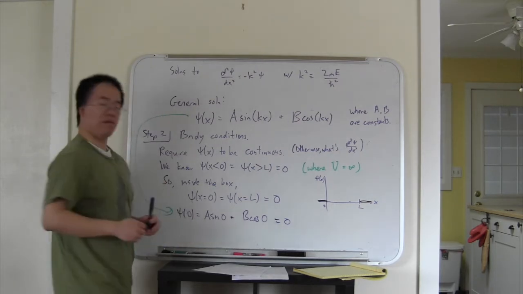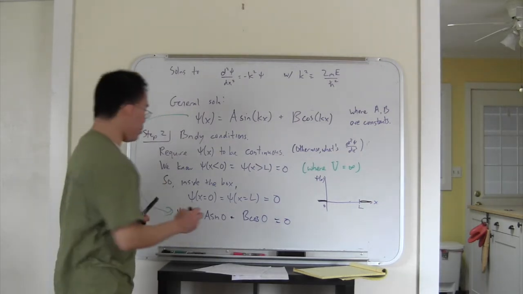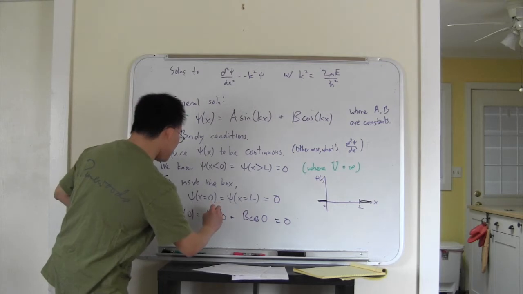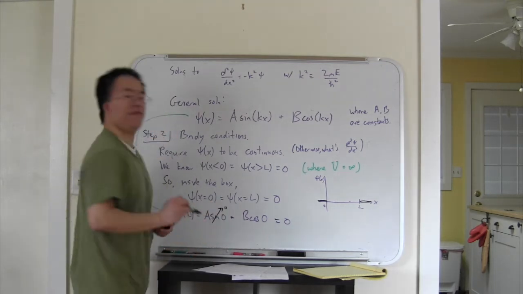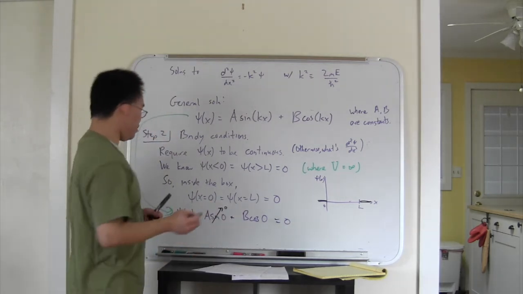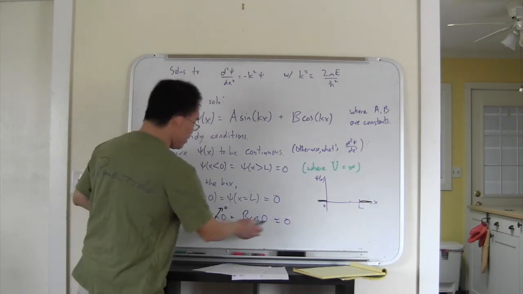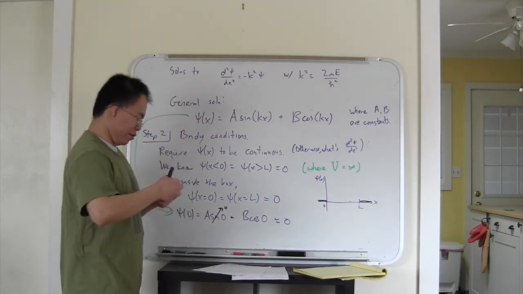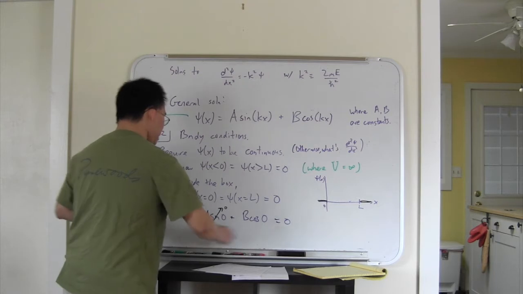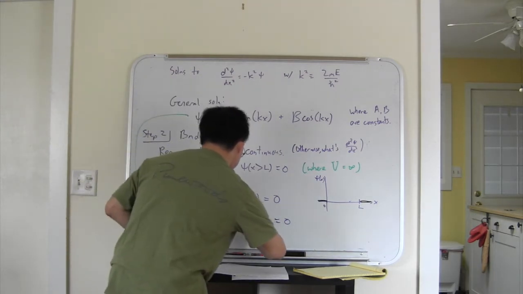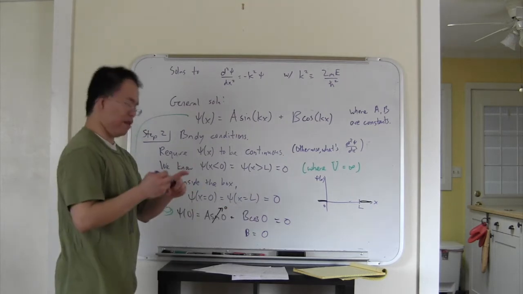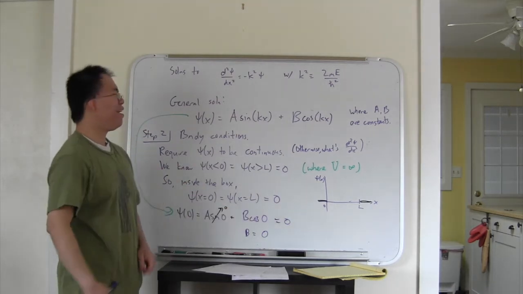Now, you know from trig that the sine of 0 is always 0, so that term vanishes entirely. And for this term, the cosine of 0 is always 1. So we know then that b equals 0 since cosine of 0 is 1.